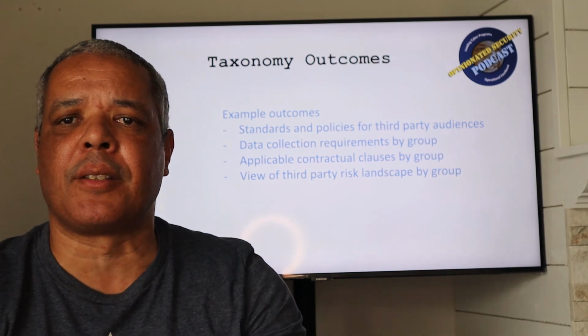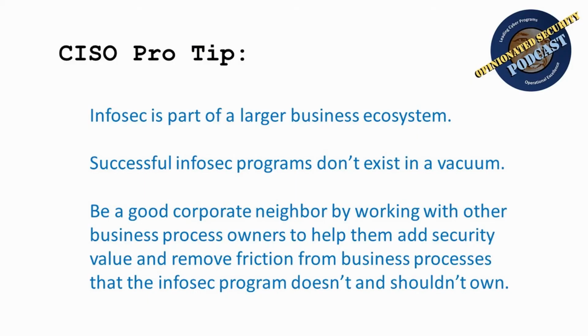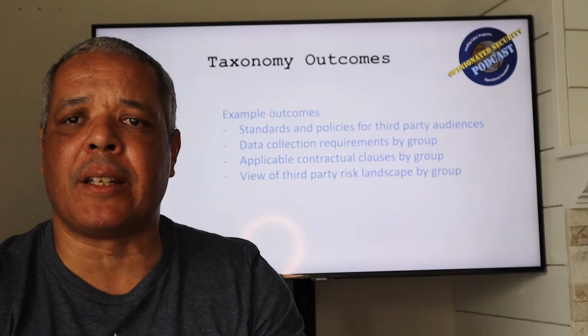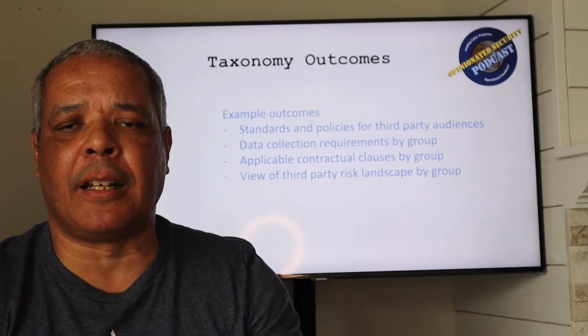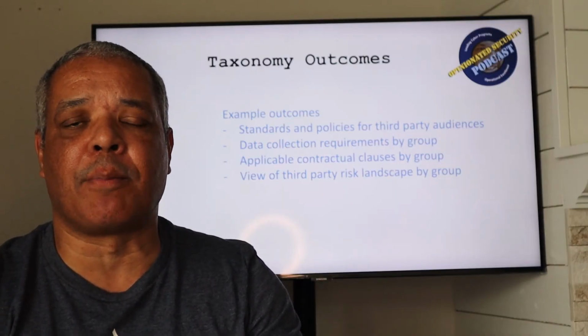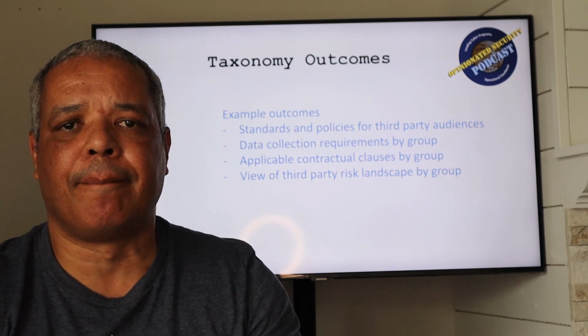One of the first things that we handled after I'd been on staff about a year was really pushing for what I called a contractor handbook, which would essentially outline all of the standards and policies that particularly technical contractors, anyone with access to our network, would have to adhere to. And then they would sign for that, just like employees sign and acknowledge the employee handbook. That approach has been very successful.